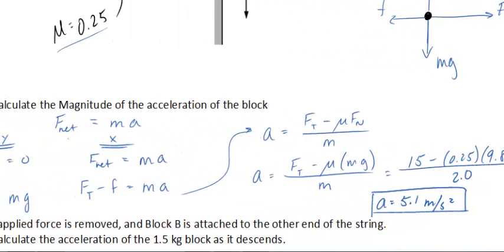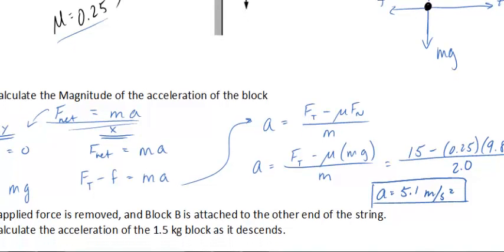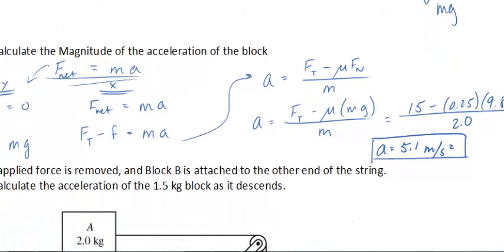Okay, so they really do want to see that F net equals ma. In the solution, they don't address needing to see the y direction, but you definitely want to write out all the steps in the x direction.